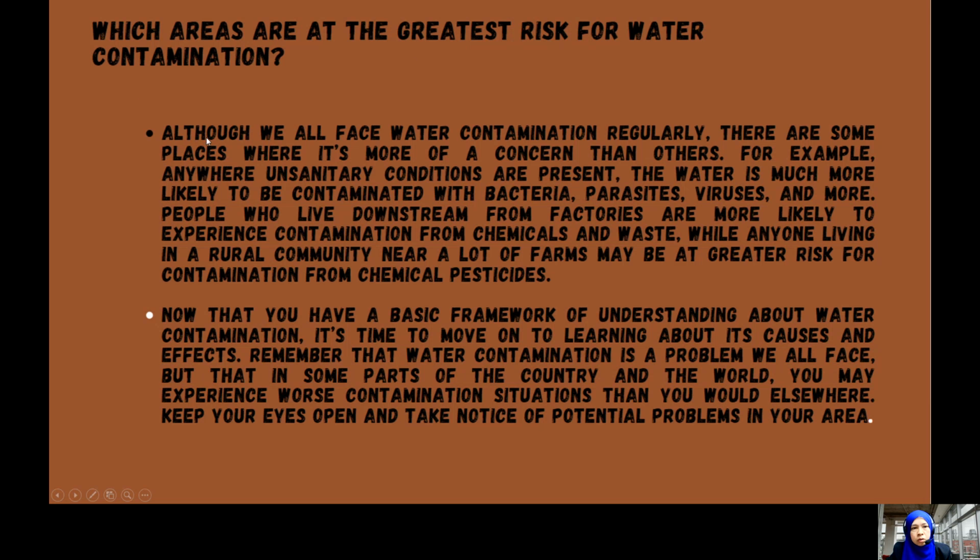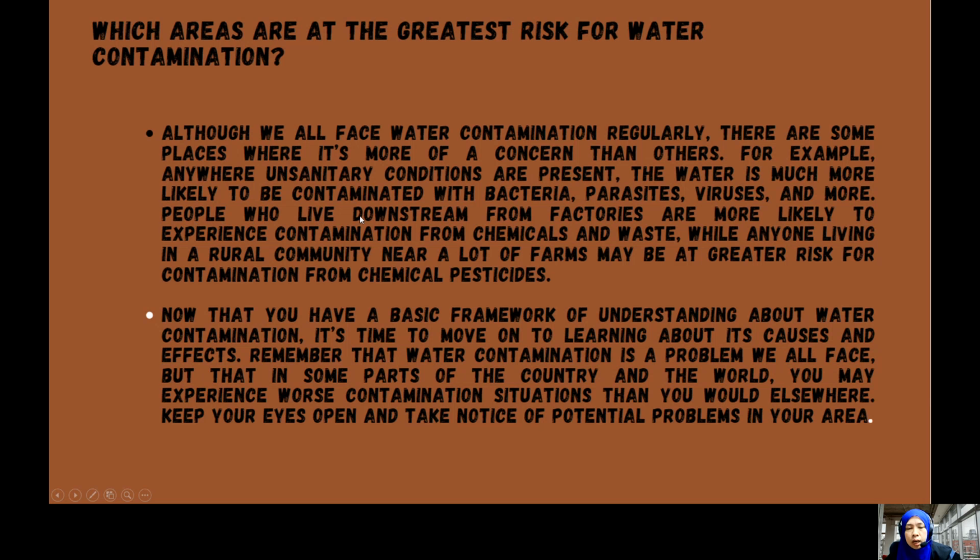Although we all face water contamination regularly, there are some places where it's more of a concern than others. For example, anywhere unsanitary conditions are present, the water is much more likely to be contaminated with bacteria, parasites, viruses, and more.